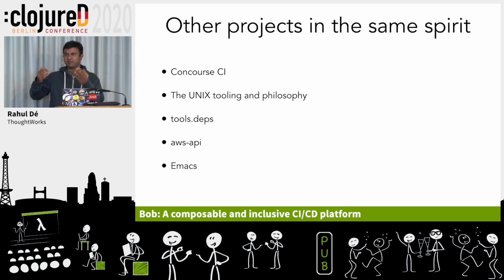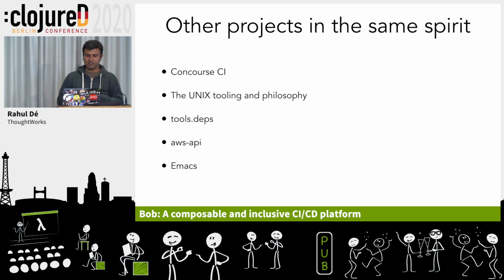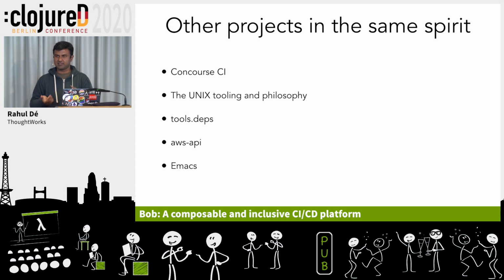But if you're okay with the opinions and you want something that's production ready, you can use Concourse CI. The Unix design philosophy, tools depths, AWS API is this library from Cognitect, which very simply wraps the AWS API, and you get a very data-oriented control. You can do things on your own. You can orchestrate externally, right? And Emacs, because Emacs, right?